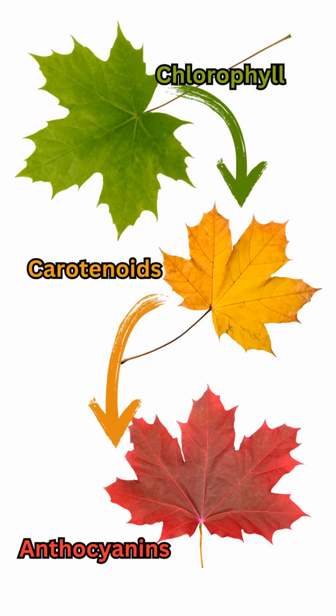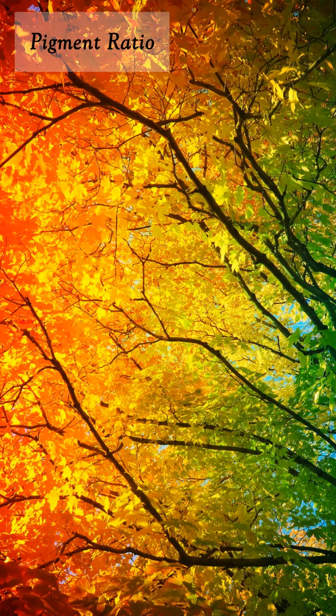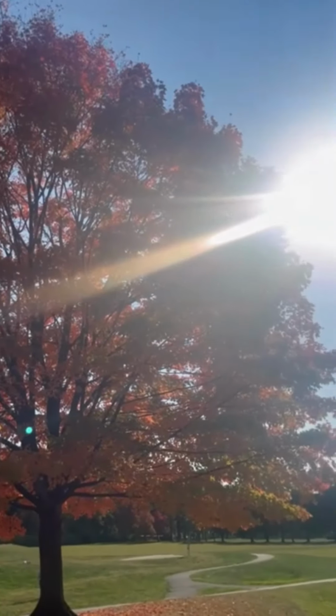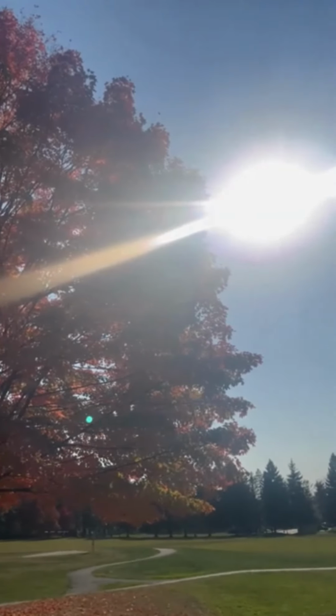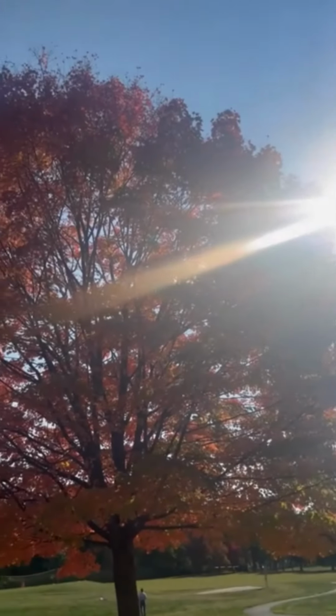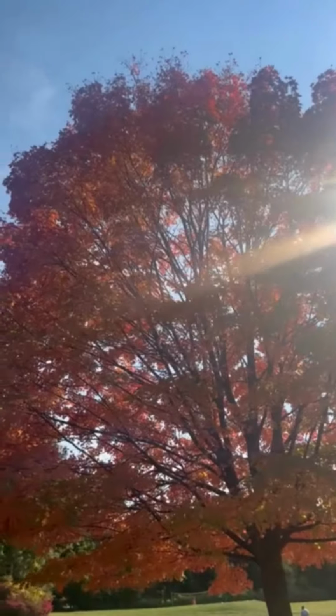So the carotenoids will give off a yellow, orange, or brown color, and they'll absorb the green and the blue. However, anthocyanins will absorb the yellow and the blue and the green and release red and crimson and purple and the darkish red colors.